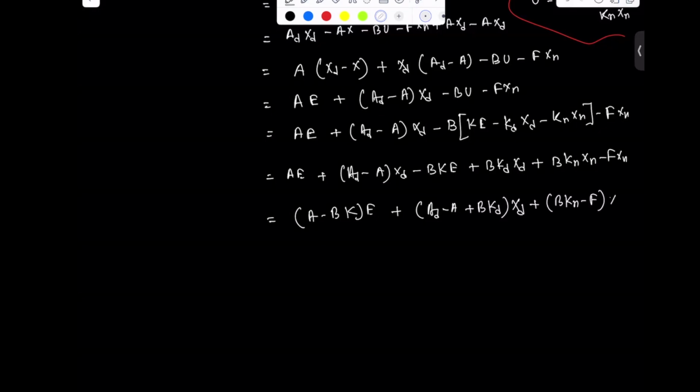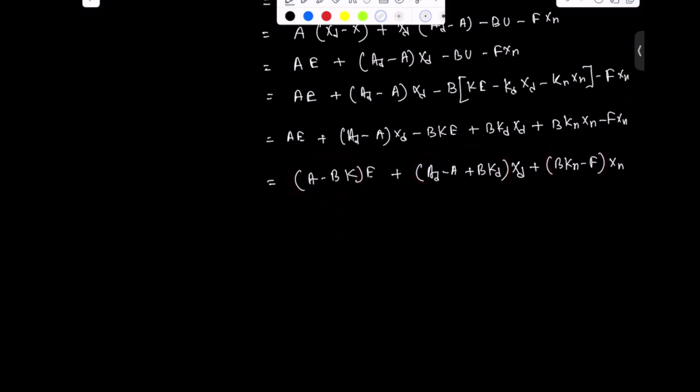f xn. So if you notice here, it's a very interesting equation we have. In all these terms, we have some form of matrices. This is one matrix, this is one matrix, this is one matrix. If all the eigenvalues of these matrices are negative, then we can say as t tends to infinity, e goes to 0, right?